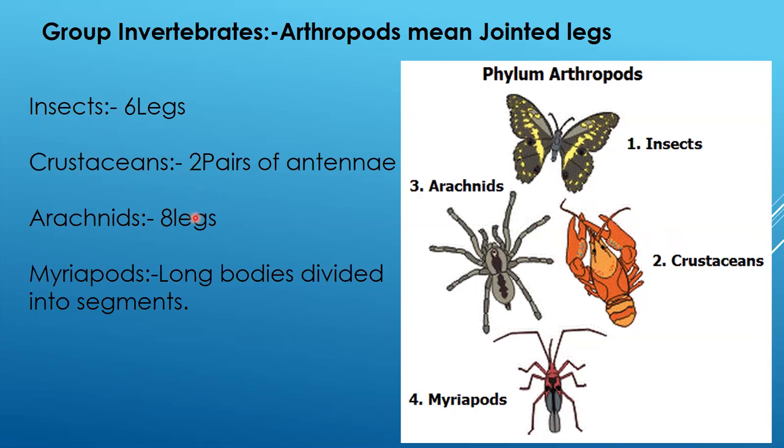They have 8 legs, whereas insects have 6 legs. Crustaceans have 2 antennae, and myriapods have long bodies divided into segments. There are many segments in them. So these are the 4 subgroups of arthropods.